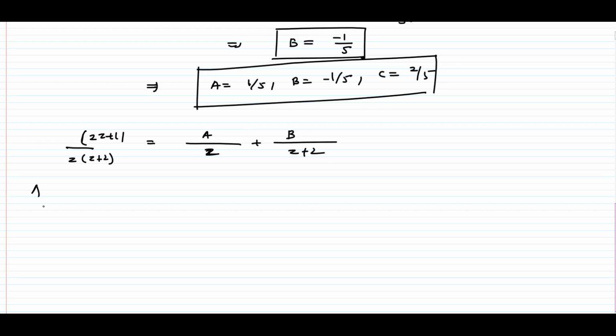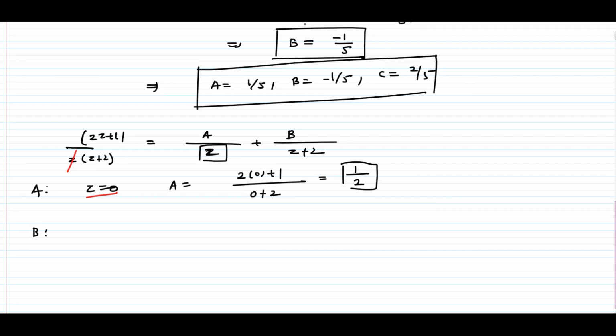So for a we need to equate the term z equal to 0. So z is equal to 0. We eliminate z and substitute the value of z in the rest of the term. The value of a will be 2 times 0 plus 1 upon 0 plus 2, that is 1 by 2. For finding the value of b, we need to put z plus 2 equal to 0.